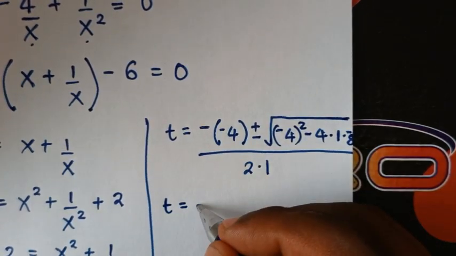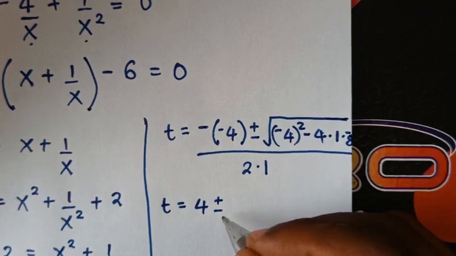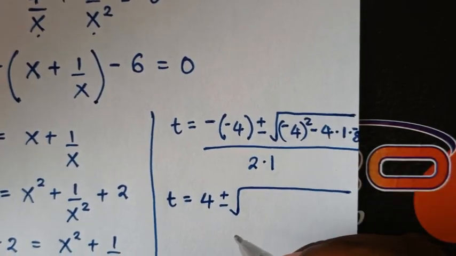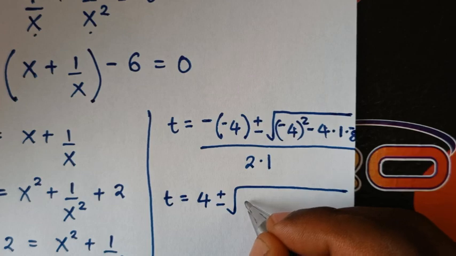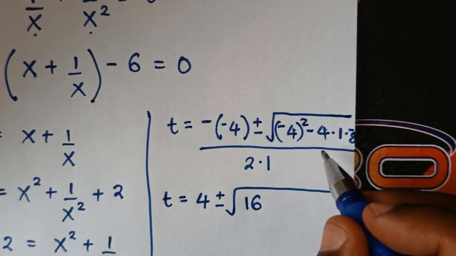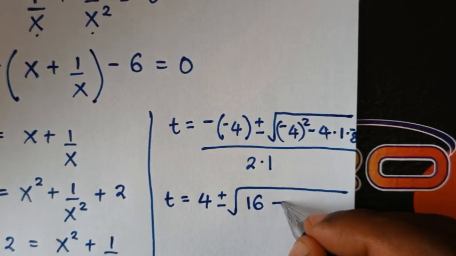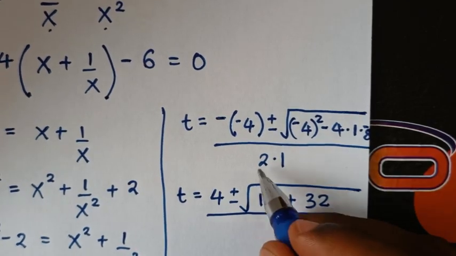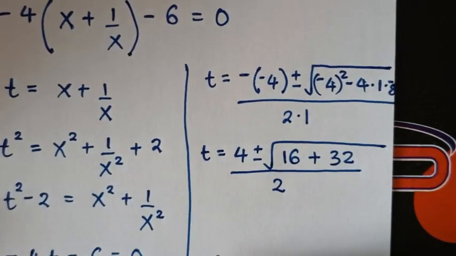So t is equal to negative (−4), it will be positive 4, plus or minus the square root of (−4)², which is 16, then negative 4 times negative 8 is plus 32, then over 2 times 1, which is 2.